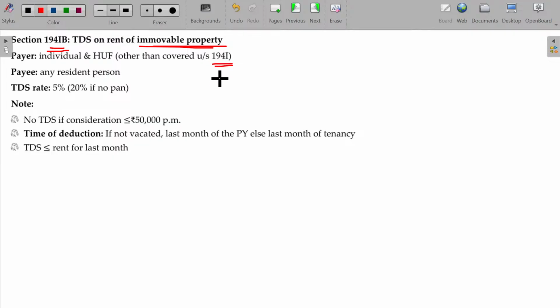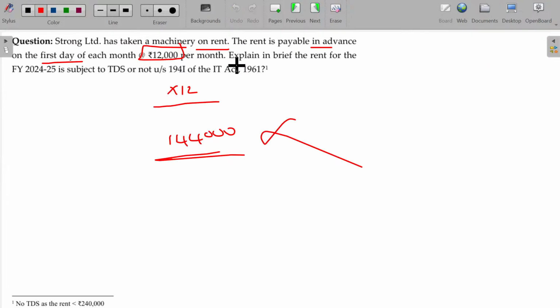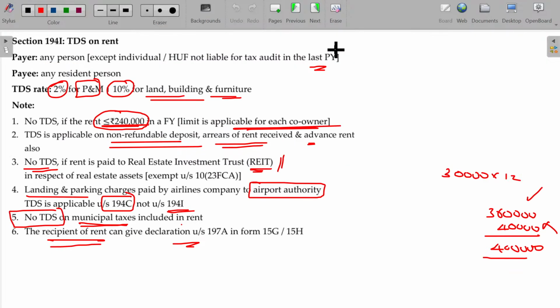Especially if he is not falling under 44AB, he escaped, isn't it? In the last previous year, he should fall under tax audit. If he escaped from 194I, then he may get caught under 194IB.